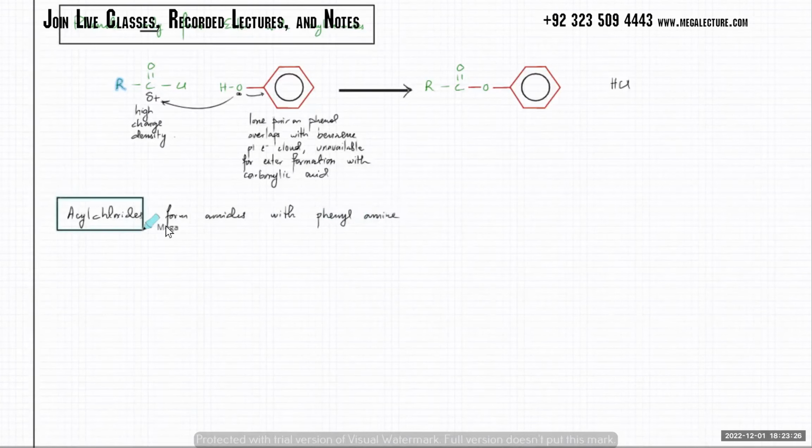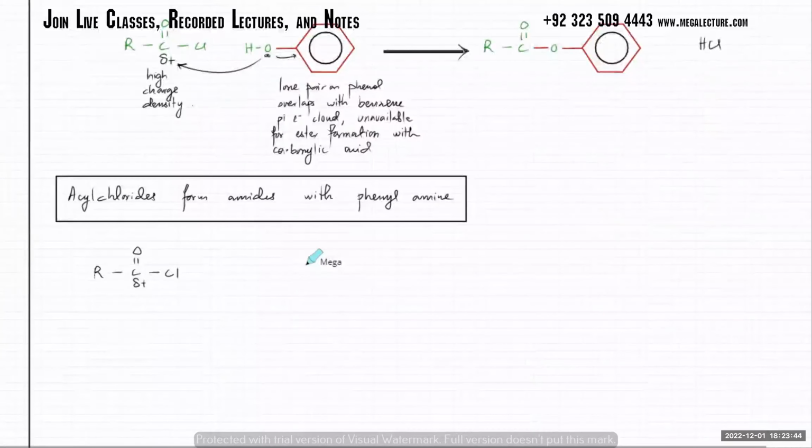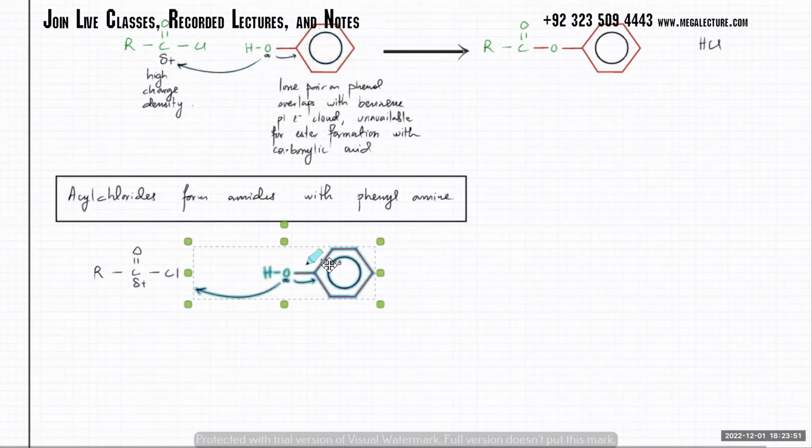That's another reaction of acyl chlorides, and again it's something similar: you've got an acyl chloride with a very strong positive charge, and you have a phenylamine. Phenylamine is something similar except that you're not going to have OH, you'll have NH2 next to it.